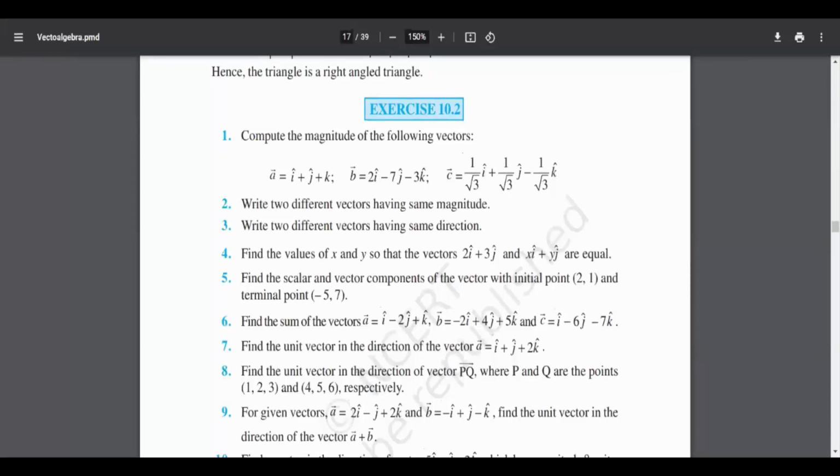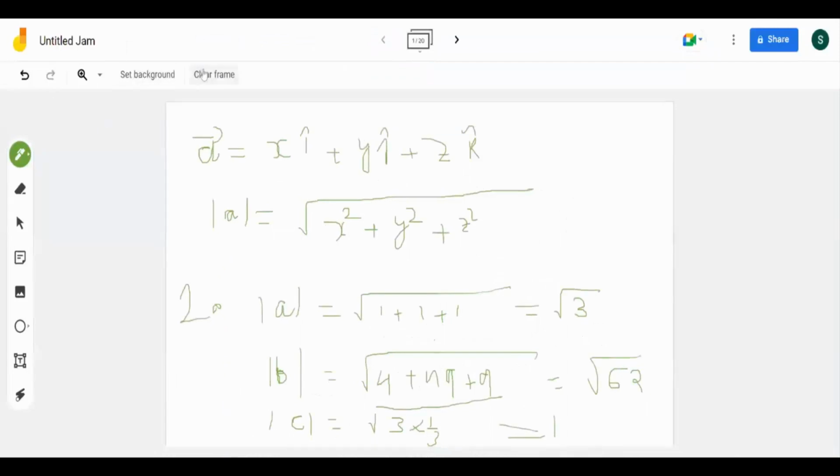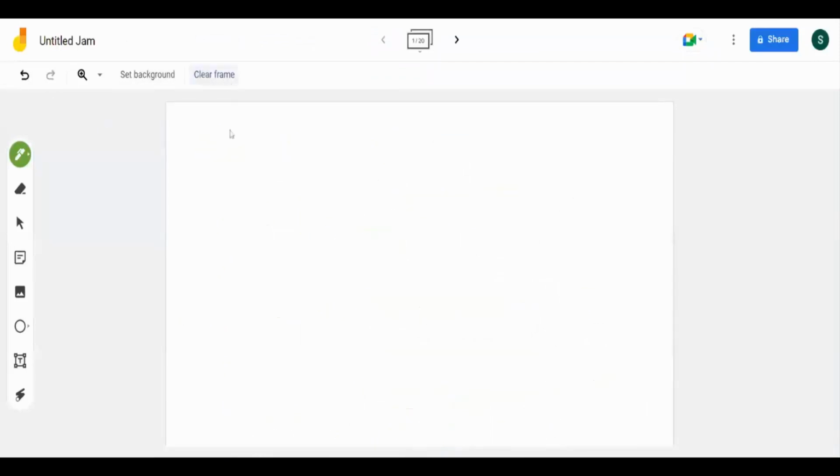Second question: write two vectors having the same magnitude. So two different vectors, they must not be equal, but they have the same magnitude. Yes, we can change the direction easily. Suppose we take a vector with simple coefficients, i cap plus j cap plus k cap.